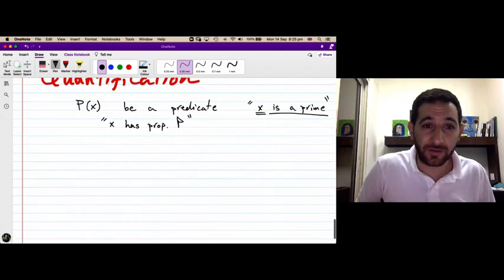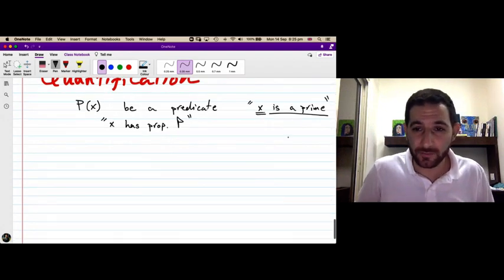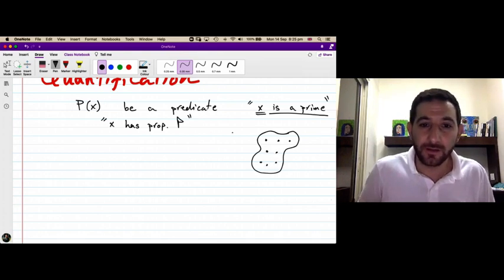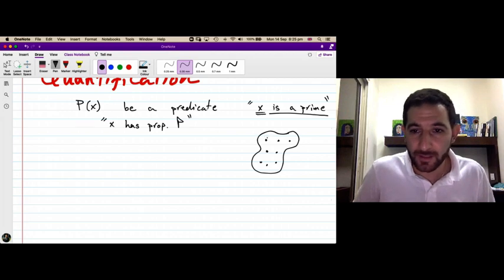Also remember, in our definition of the predicate, we assume that there is a collection of elements or values from which we choose values for X. So for example, we can say the elements here are 1, 2, 3, 4, 5, 6, 7, 8.